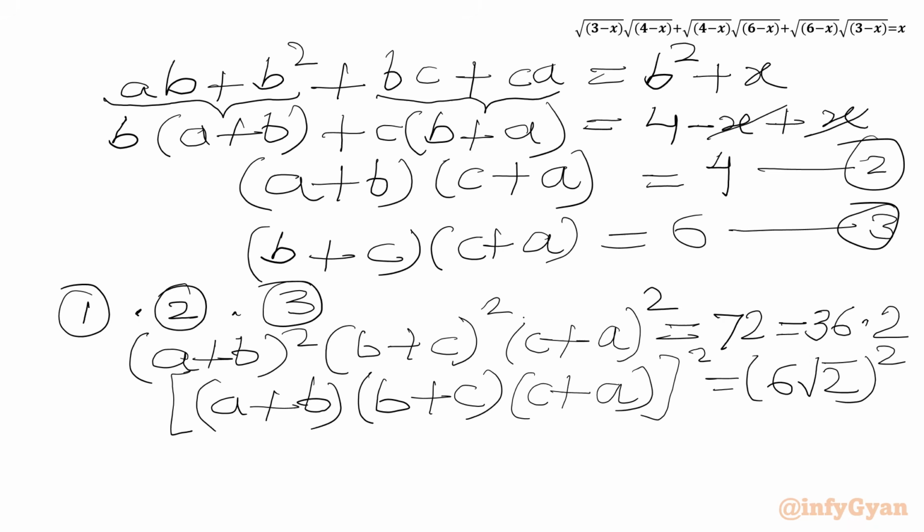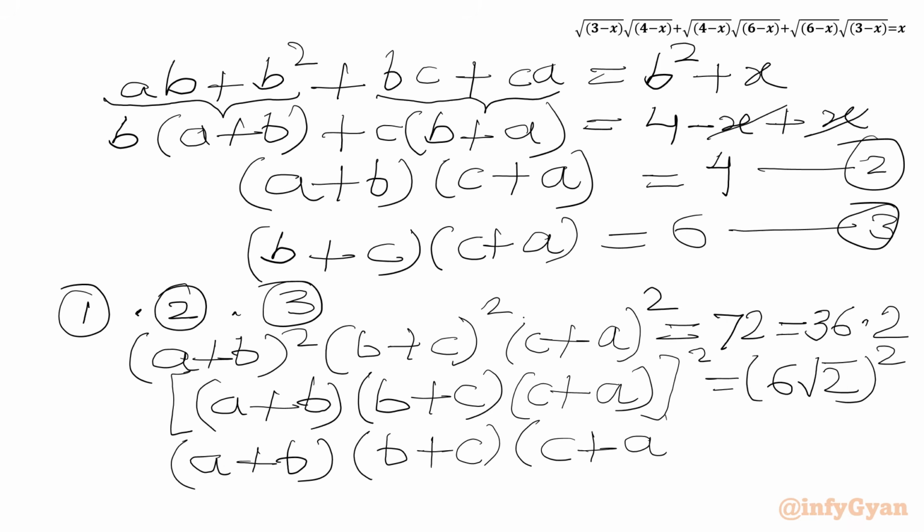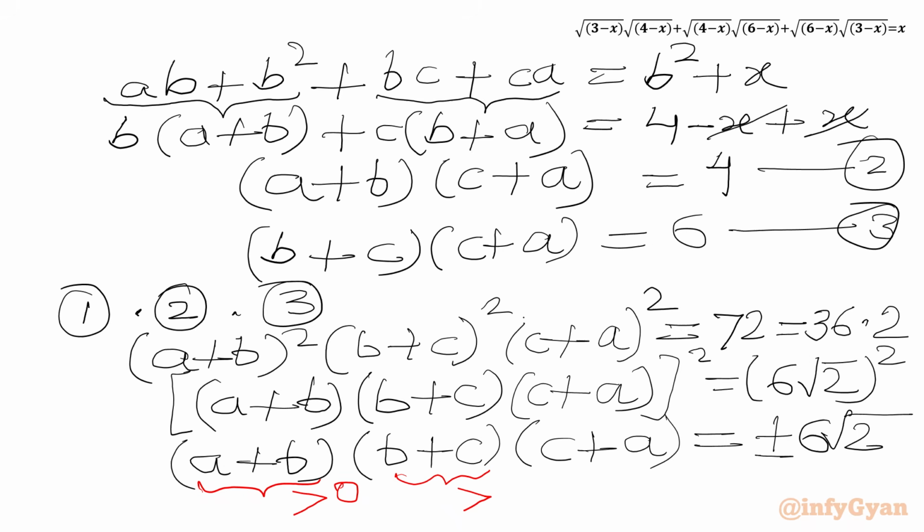Now we have to consider square root both sides. So we will get A plus B times B plus C times C plus A equal to plus minus 6 square root 2. Now A is positive, B is positive, C is positive. So A plus B must be positive, B plus C must be positive, C plus A must be positive.